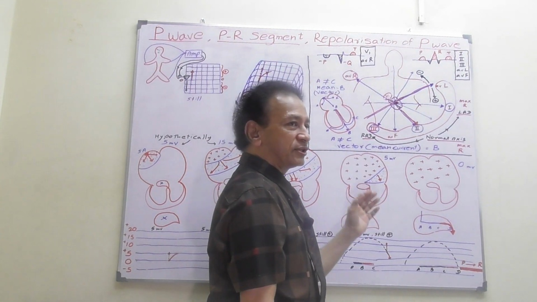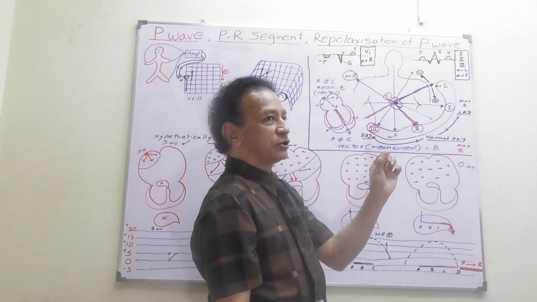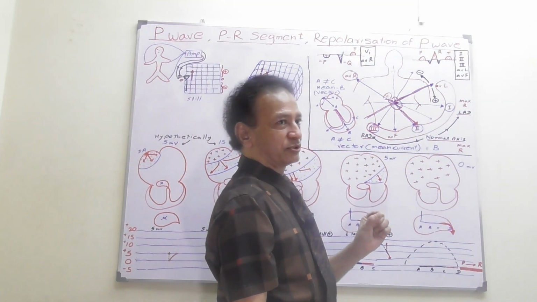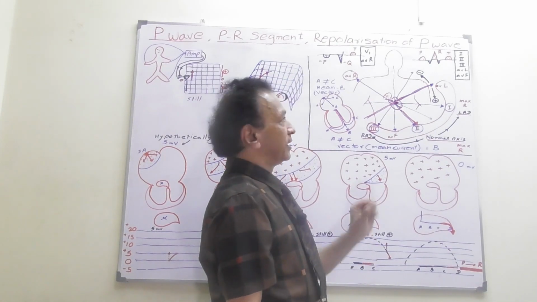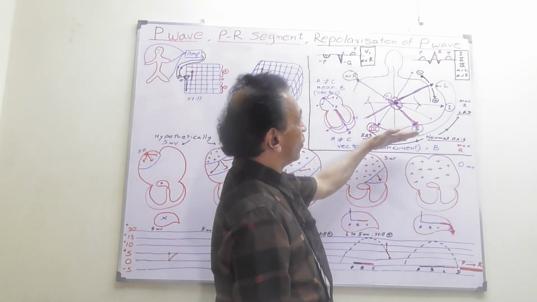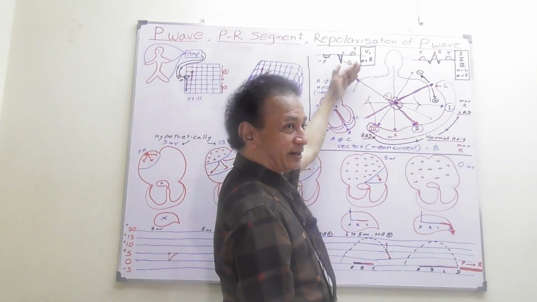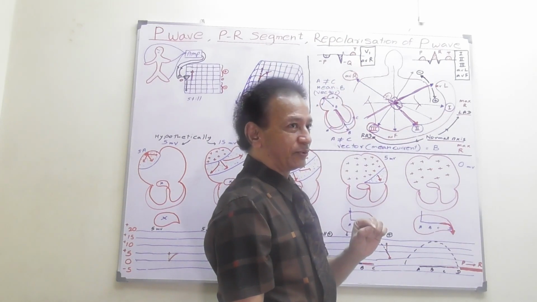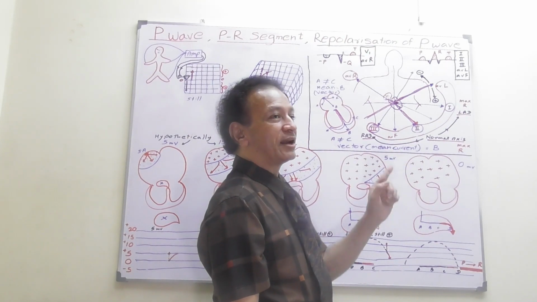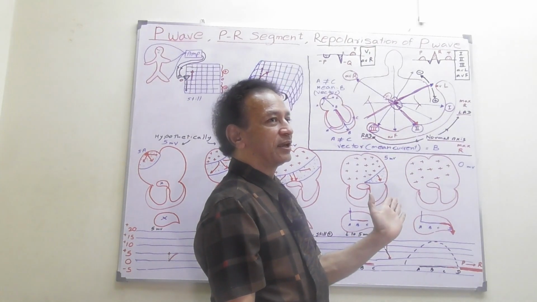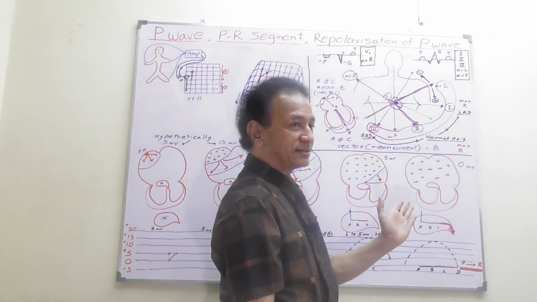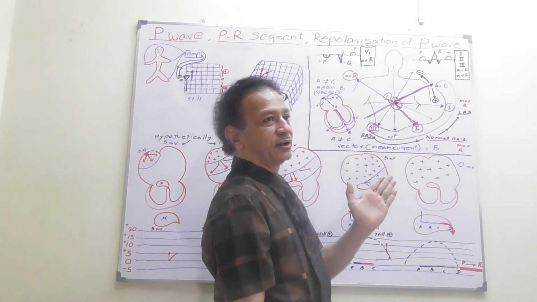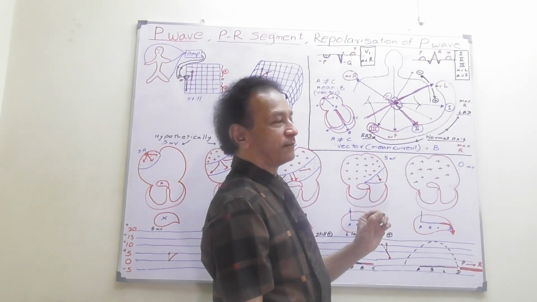If a positive current comes towards the positive electrode, then you produce a positive wave. Or if a negative current goes towards the negative side, then also you get a positive wave, not a negative wave. Positive to positive and negative to negative, same ions going towards the same electrode, then you get a positive wave.